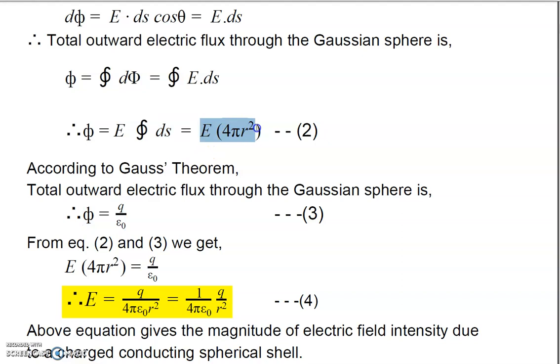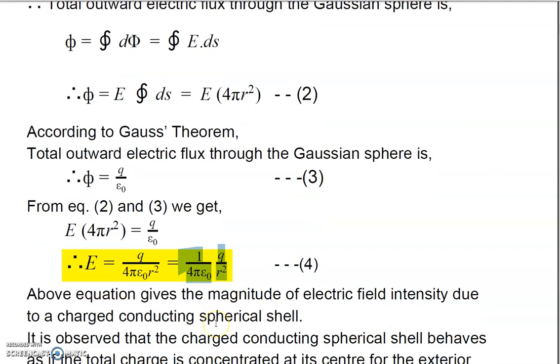This d phi here and this phi here have to be equal. So by considering that, I find E into 4 pi r squared is equal to q upon epsilon 0. I'll shift this 1 upon 4 pi r squared term to the right hand side. It looks like q divided by 4 pi epsilon 0 r squared, and I can rewrite it: E is equal to 1 upon 4 pi epsilon 0 into q upon r squared.